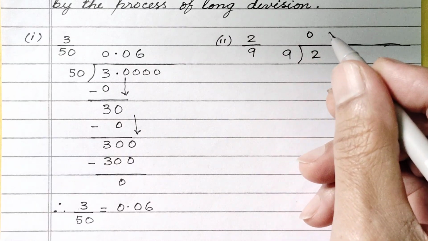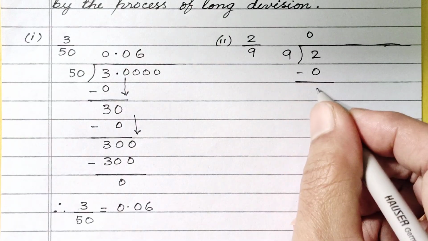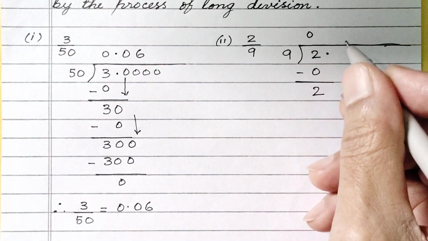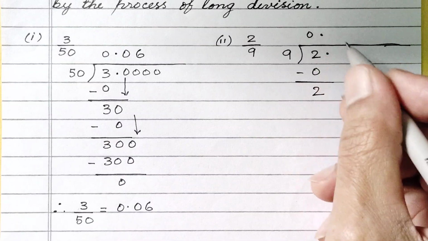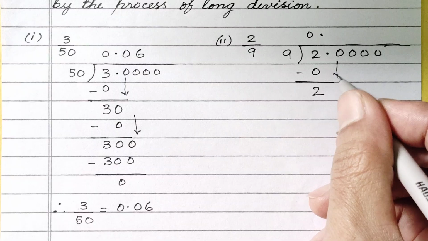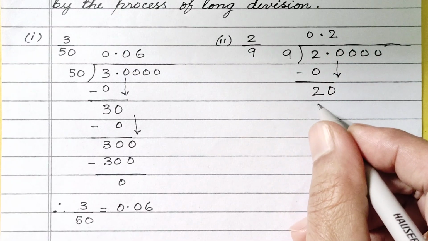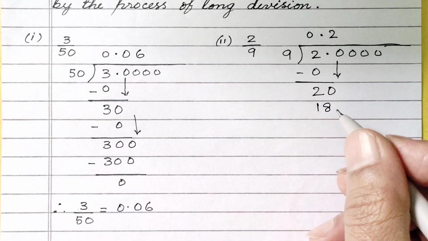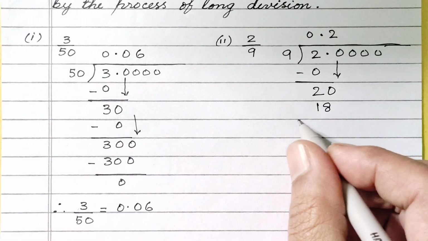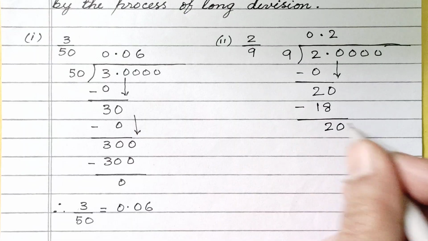Nine zeros are 0. Put a point here, point there, add zeros. 9 twos are 18. Subtract, I'll get 2. Again add 0.